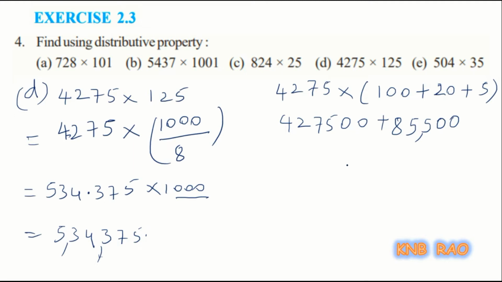Now we will add 4275 into 5, 5 5s are 25, 2 carry, 7 5s are 35 plus 2, 37, 3, 5 2s 10 plus 3, 13, 1 carry, 5 4s 20 plus 1, so it is 21,375. So adding these, you know how to do addition. Here 4275, one by one we will add.